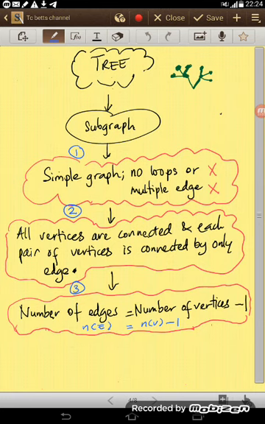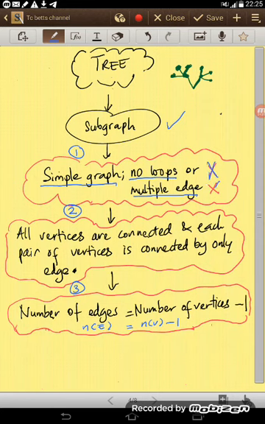What is a tree? Okay, it is a subgraph, and you have to follow 3 simple rules for that graph to become a tree. The first one is it is a simple graph with no loops and no multiple edges.